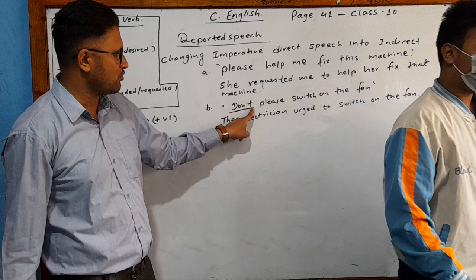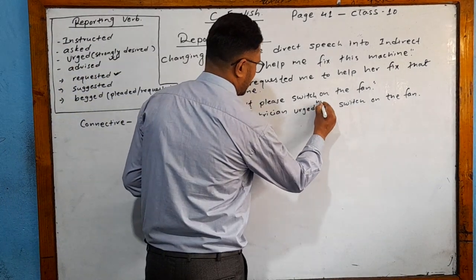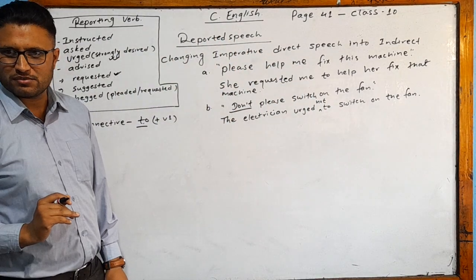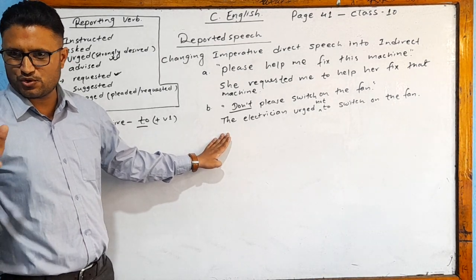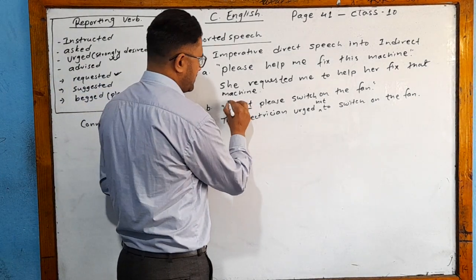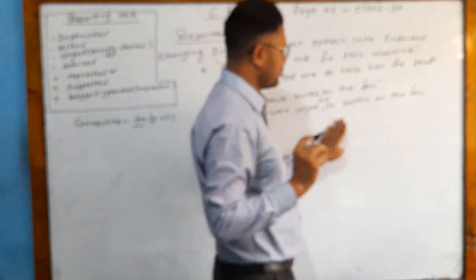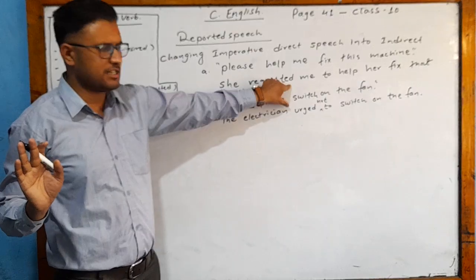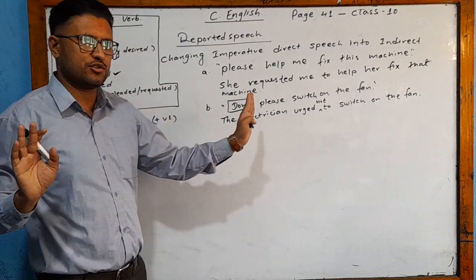Therefore, in this case, what we can do is: the electrician ought not to switch on the fan, because the electrician doesn't want you to switch on it. So there is don't in the beginning. The electrician ought not to switch on the fan. So if there is no object in the sentence, it's not compulsory. You can directly do it.